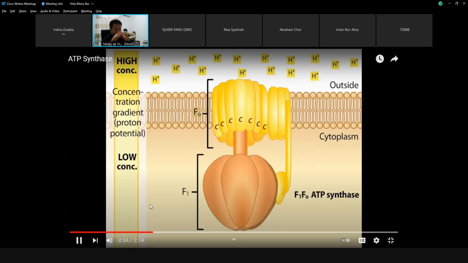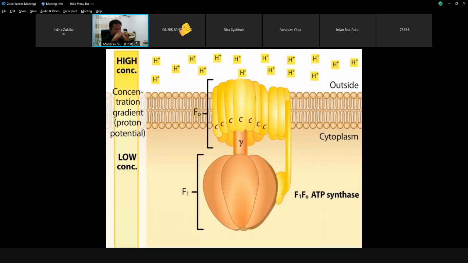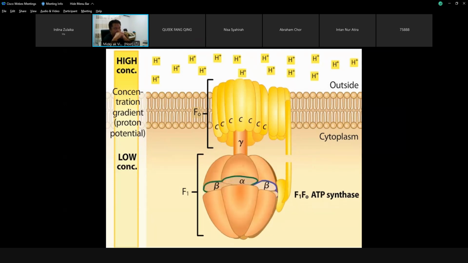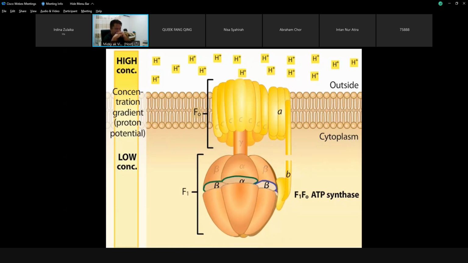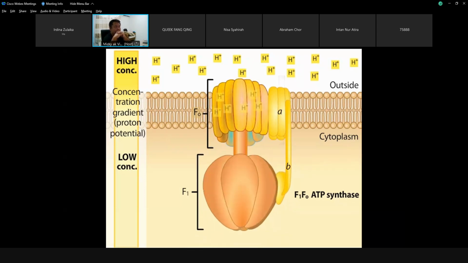A single stalk, called the gamma subunit, extends from FO through F1. Surrounding the gamma subunit in F1 are three pairs of alpha and beta subunits, which are the sites of ATP synthesis. Other subunits designated A and B connect the F1 knob to the membrane. The proton gradient across the membrane drives FO to rotate.